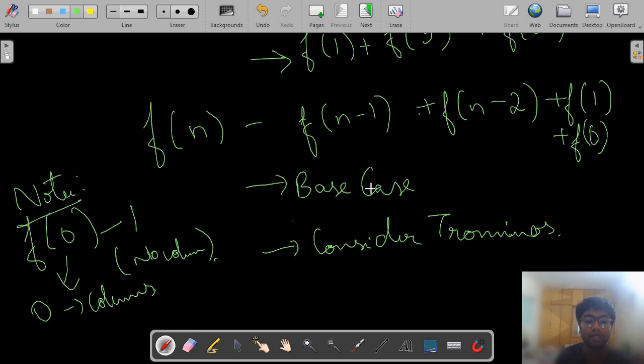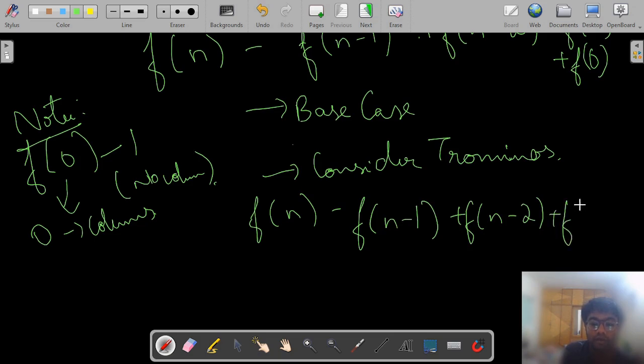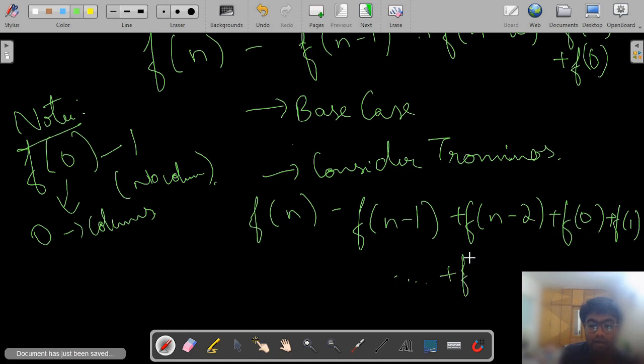So we might need to devise a formula, something like this. f of n is equal to f of n minus 1 plus f of n minus 2 and plus f of 0 plus f of 1, and Trominos only occur if a minimum of 3 cells are there.